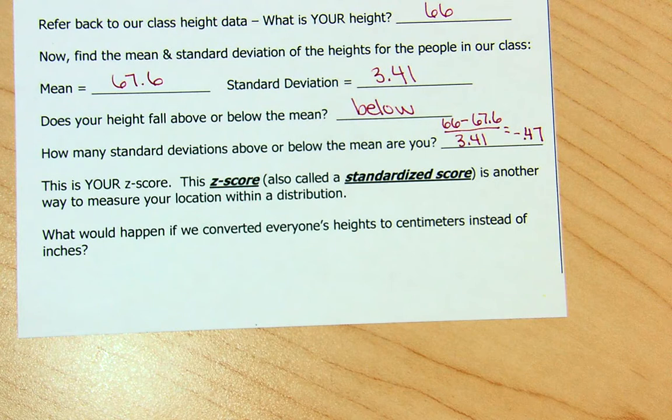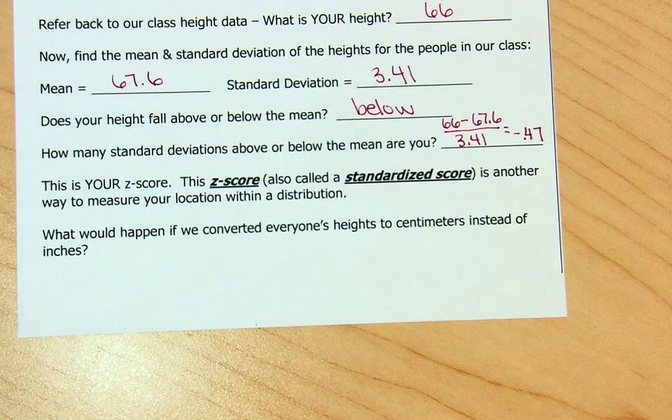Z-scores are really helpful if we want to compare 2 different distributions to each other. If we wanted to compare an ACT score with an SAT score, we could standardize your score on each one and compare to see which one you did better on, which one had a higher z-score.